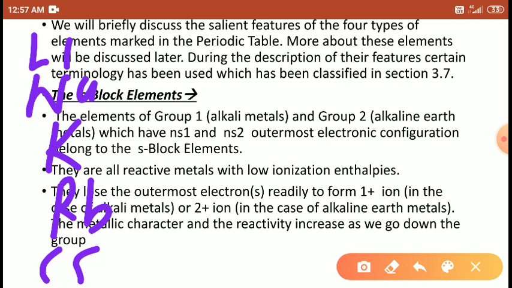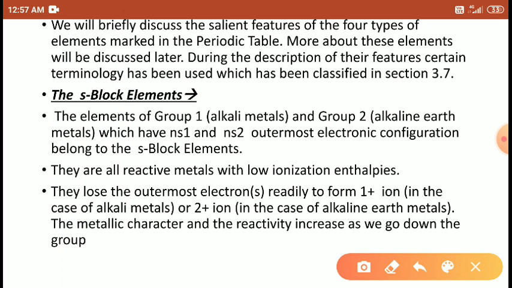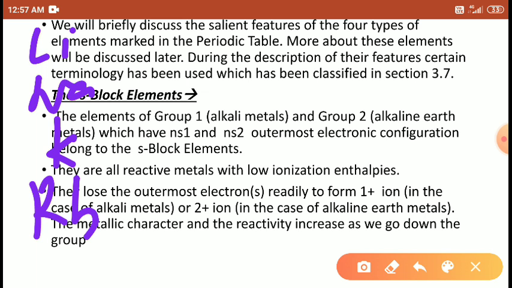They are malleable and ductile in nature, but lithium, sodium and potassium are non-malleable, non-ductile, non-sonorous, whereas rubidium and cesium are malleable and ductile and exhibit lustrous property. Right, students?